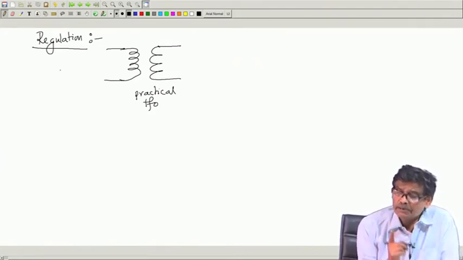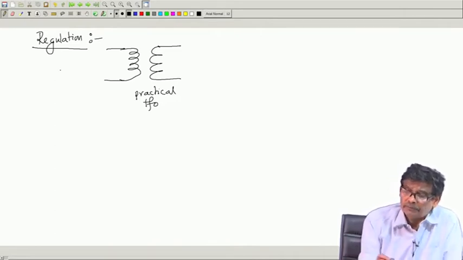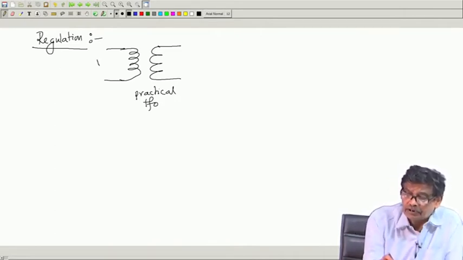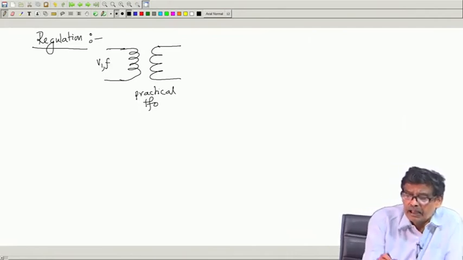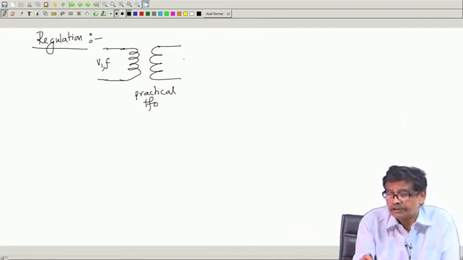Now, what do I mean by regulation? Suppose you apply the rated voltage at rated frequency, always apply rated frequency, and note down this voltage with no load connected.